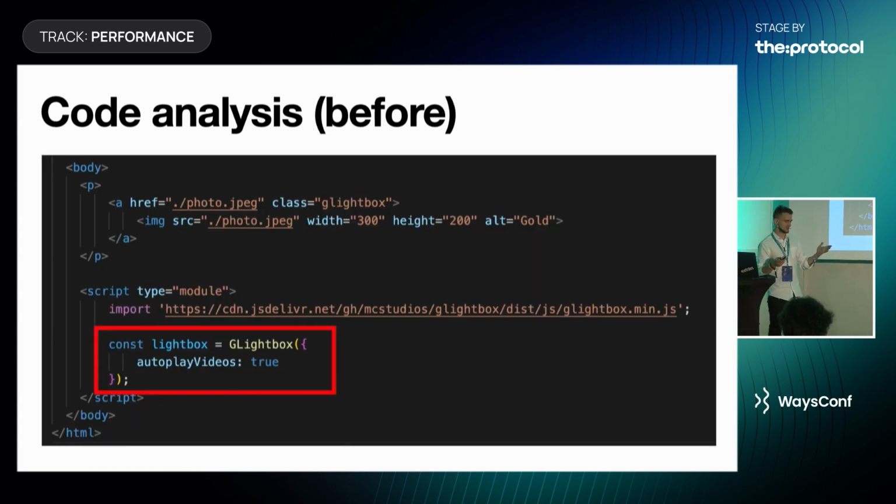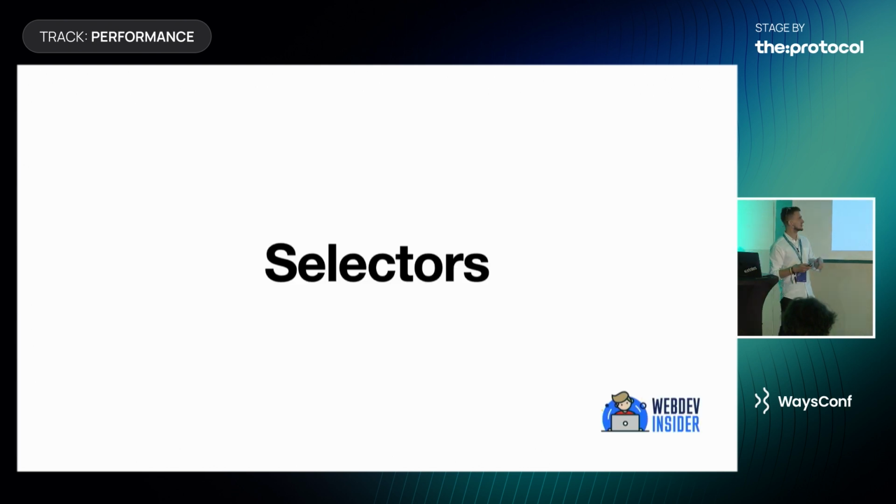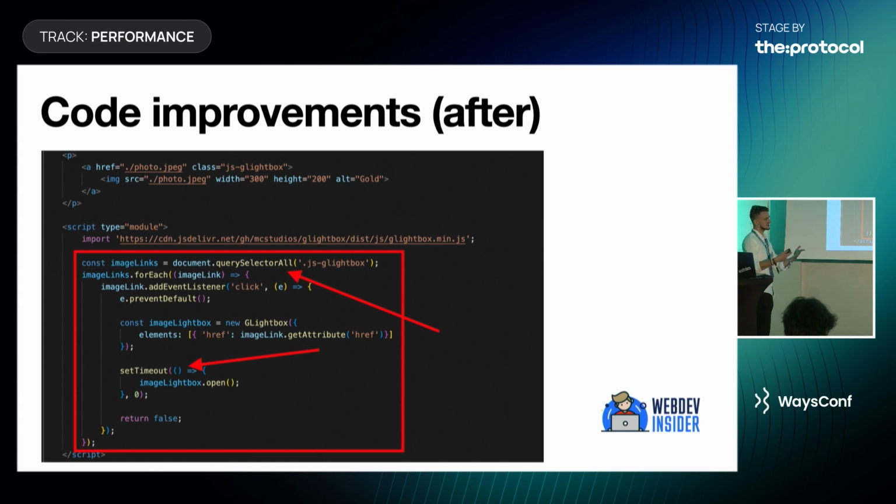As I said, I use GLightbox, and here's the standard implementation. But the thing is about the selectors. I would really like you to focus on how you write the selectors and how performant they are. That standard implementation was rewritten by me in this way. Instead of going through all the links on our website, I decided to create a JS-glightbox CSS class, and then create an event listener only on those elements, and then, through the setTimeout function, run the GLightbox function on demand.